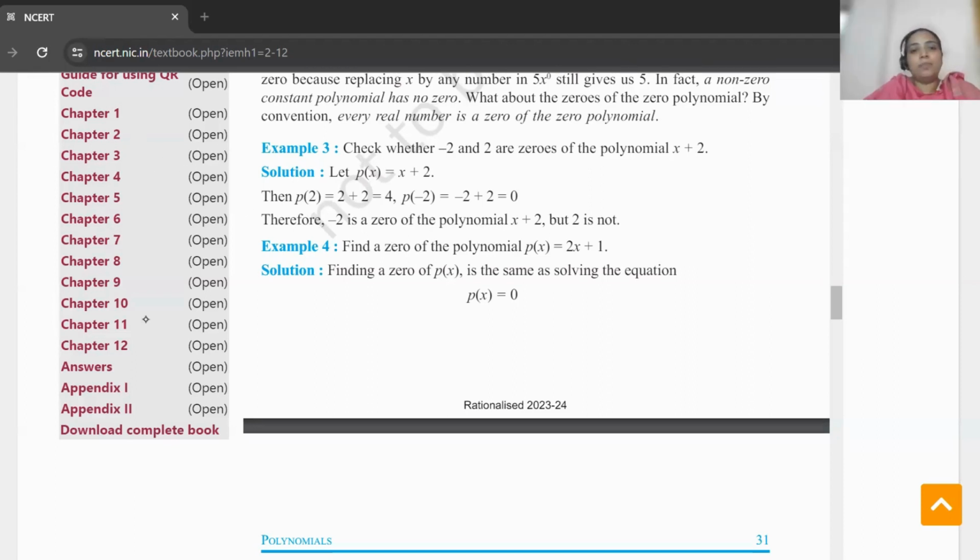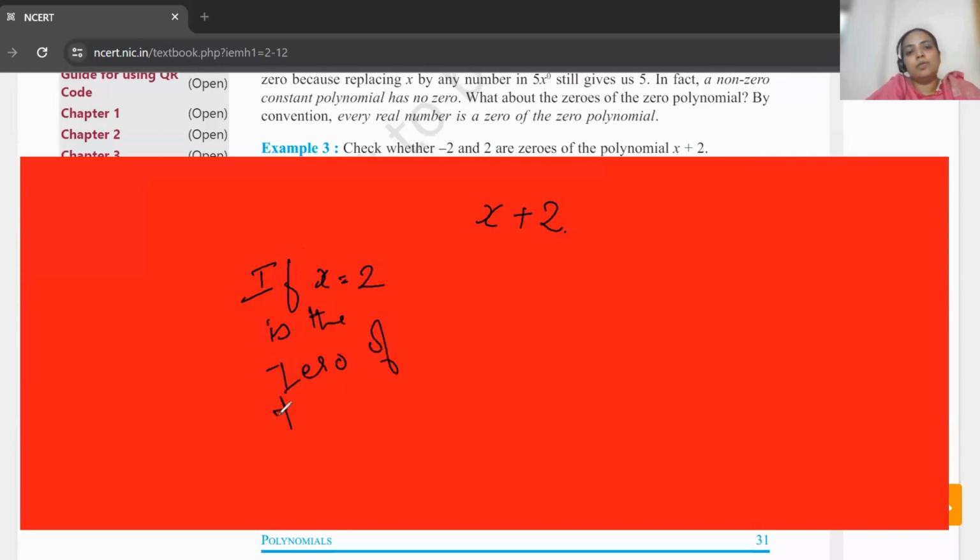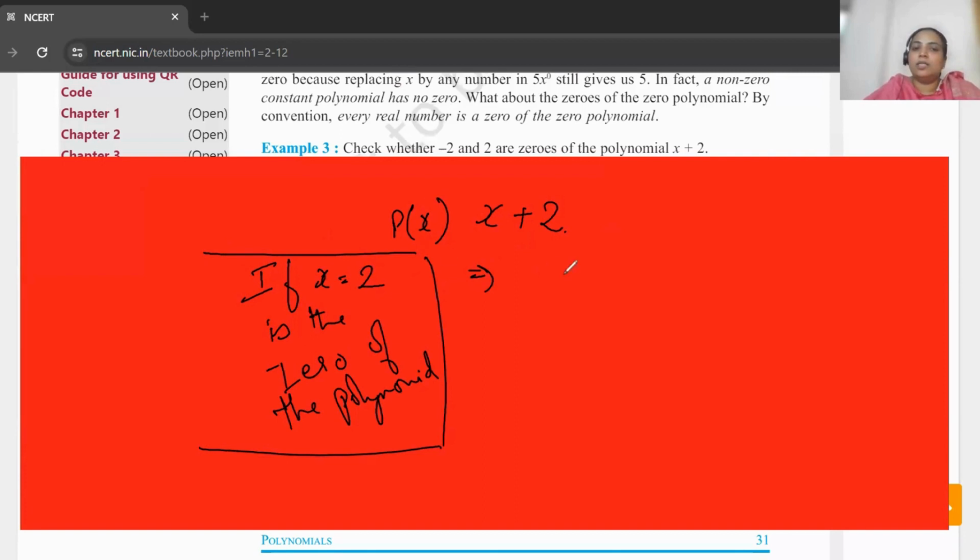Okay, so what are we doing here? Let us check this. This is x plus 2, the polynomial. I am checking if x equal to 2 is the zero of the polynomial. So how will we check this? Look, I will write p of x equals this. This implies, now I am checking whether p of 2 is zero or not. So for p of 2 I will write 2 plus 2, which is 4.